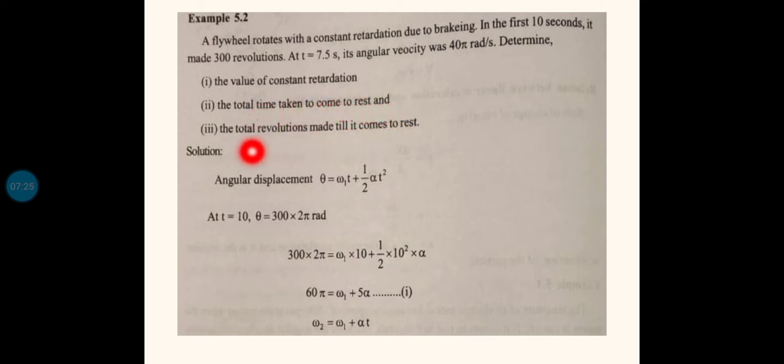The third one we want to find is the total revolution made till it comes to rest. The total time taken from the initial velocity omega equal to 100 pi radian per second to rest is 12.5 second. So we have the equation omega square equal to omega 0 square plus 2 alpha theta.